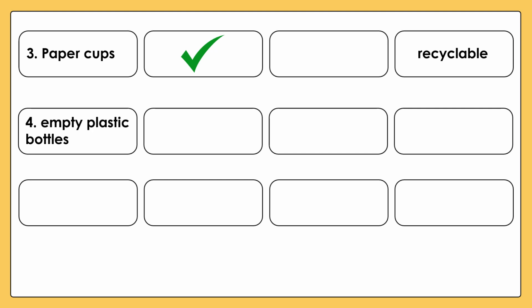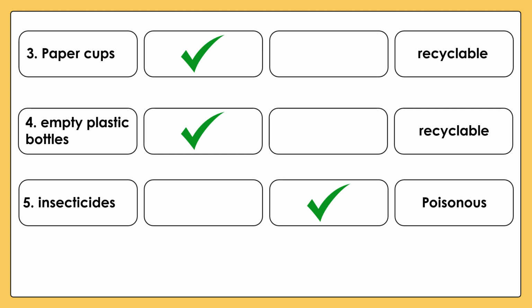Number 4, empty plastic bottles. Is it useful or harmful? The correct answer is useful, and its category, recyclable material. Number 5, insecticides. Is it useful or harmful? The answer is harmful, and its category, poisonous.